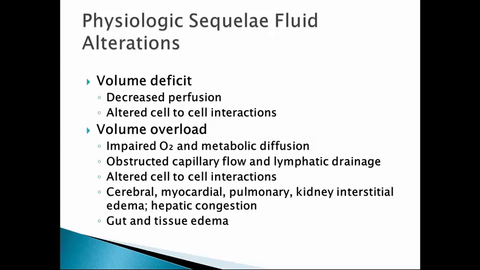In the pulmonary system, we're concerned about gas exchange because of alveolar fluid. If there's a lot of fluid in the alveolar spaces, we know that our gas exchange is going to be diminished. And then, of course, if there's a lot of fluid, our work of breathing goes up and we're fatiguing.